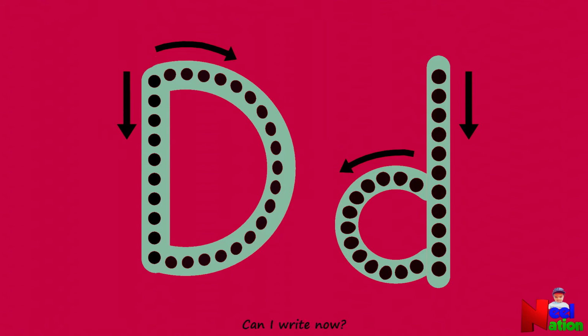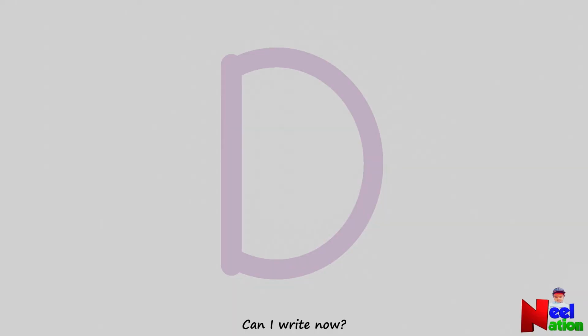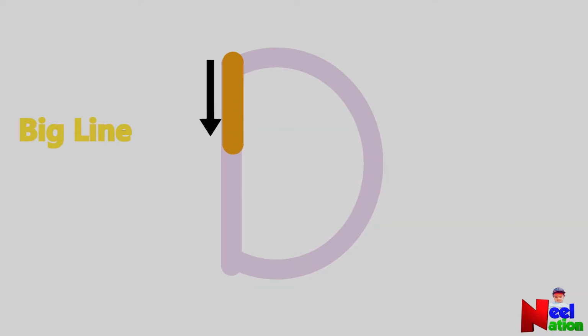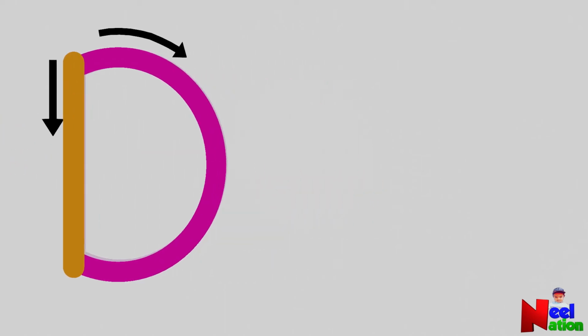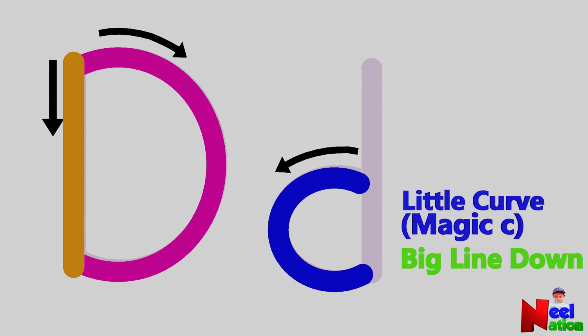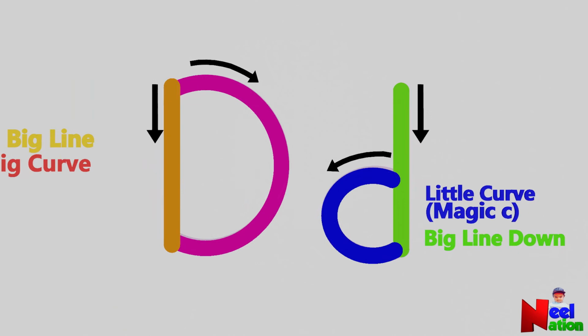Can I write now? Sure, you can. Big line down. Big curve. Uppercase D. Little curve. Big line down.